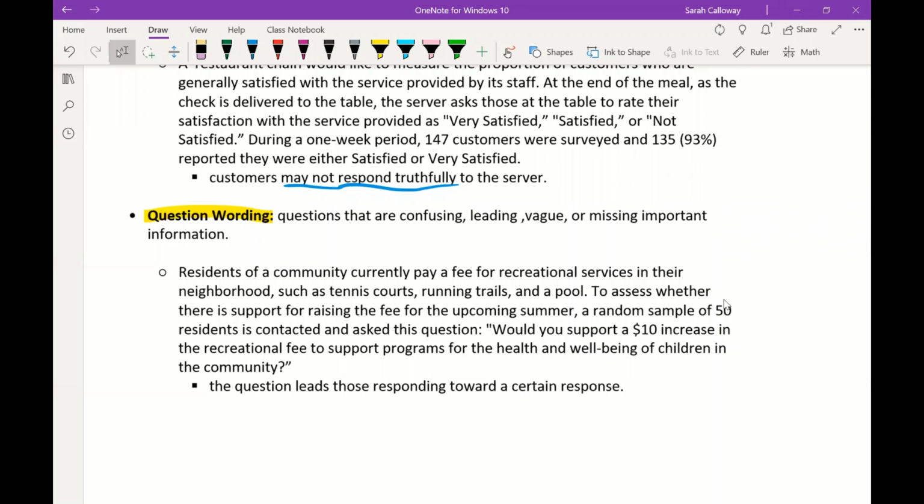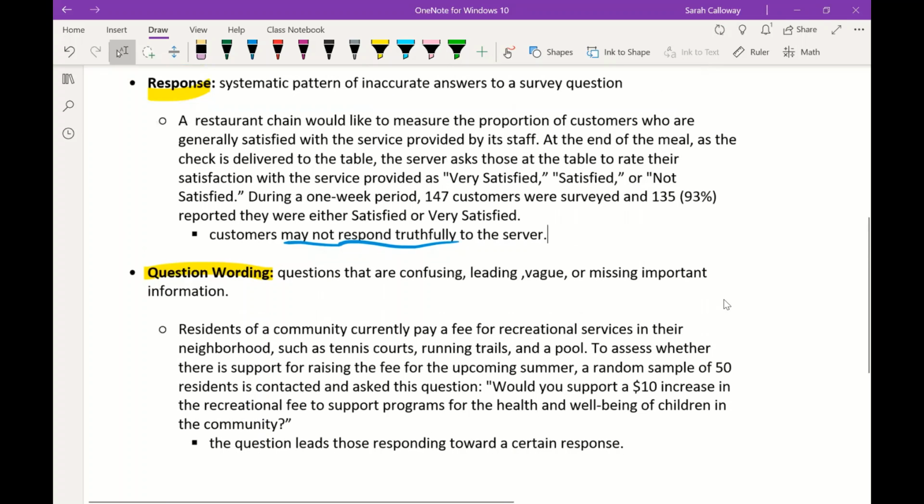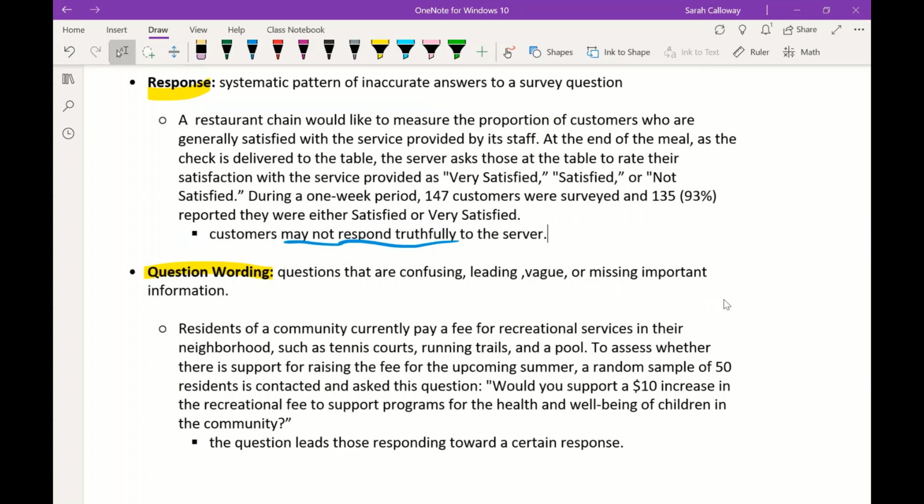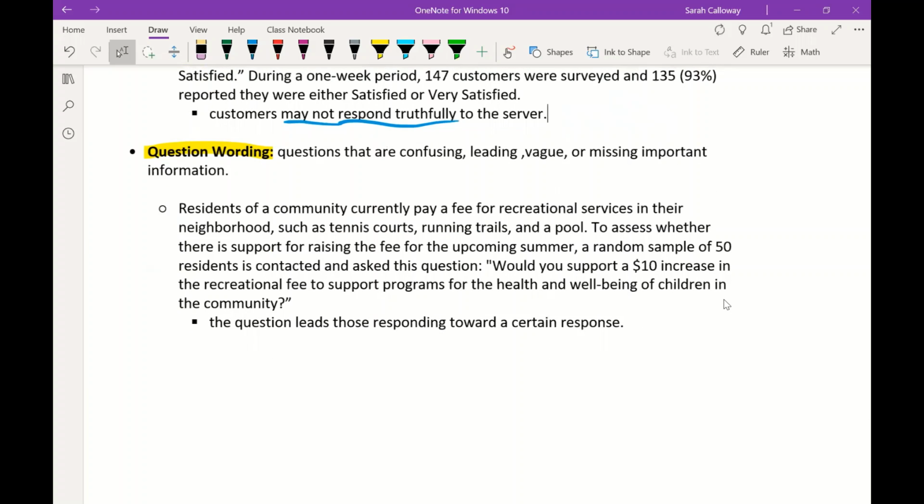So it's important that this survey is anonymous so that we can avoid this bias for the response bias survey type. For question wording, the question wording is when questions that are confusing, leading, vague, or missing important information cause this bias.